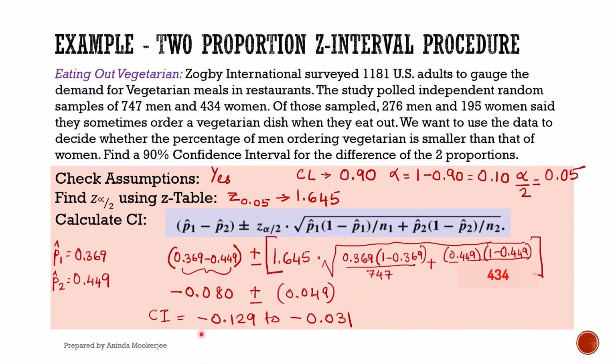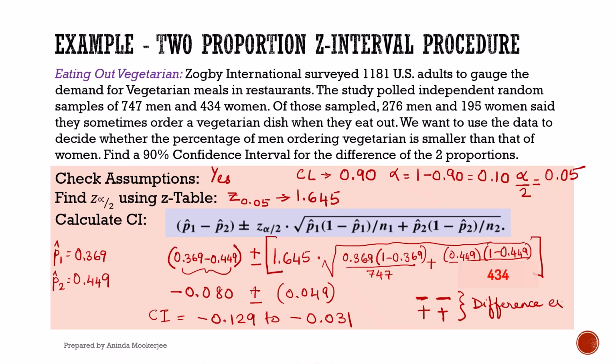Now, when both the endpoints have the same sign, whether it be minus or plus, so if the lower end is a minus and the upper end is also a minus, or if the lower end is a plus and the upper end is also a plus, that means there is a significant difference between the two proportions, right? That should be the conclusion. So the same sign on both ends, whether it's minus minus or plus plus, indicates that there's a significant difference between two proportions, all right?